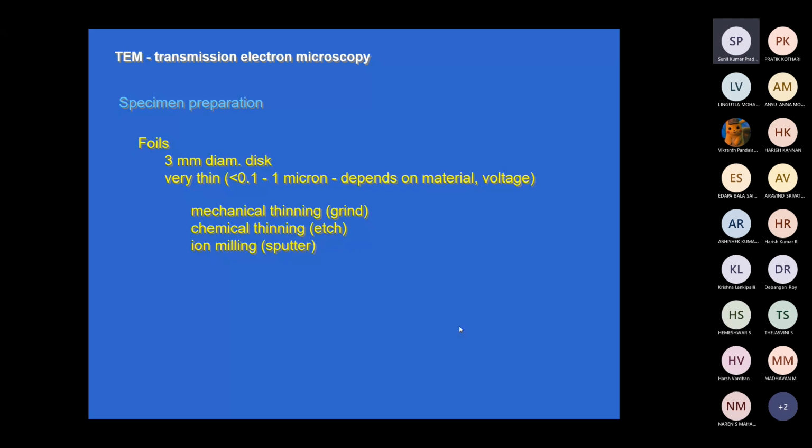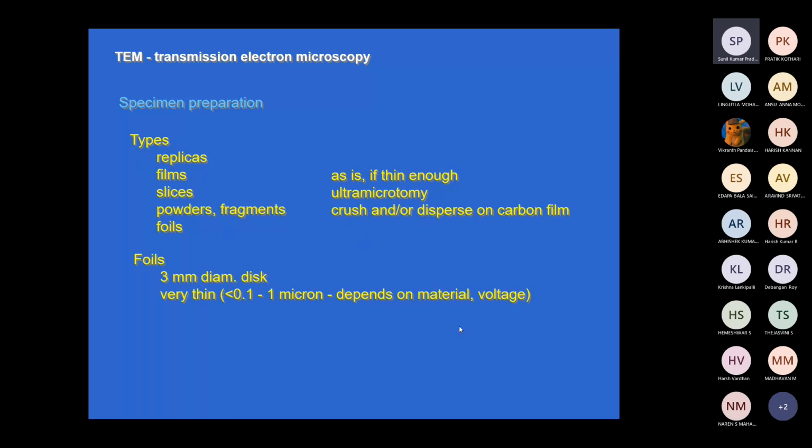So for specimen preparation, the types of sample can be replicas, films, or slices, or the samples can be powder or fragment foils. If not thin enough, use ultramicrotomy to cut them, or disperse them on the carbon film.